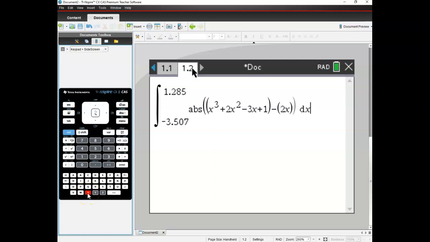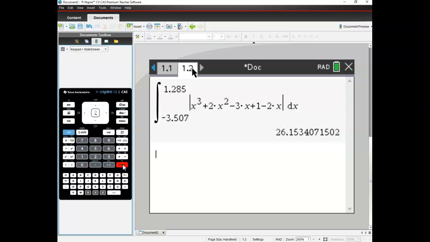I should get my 26.153 the same way I did before, which I do.